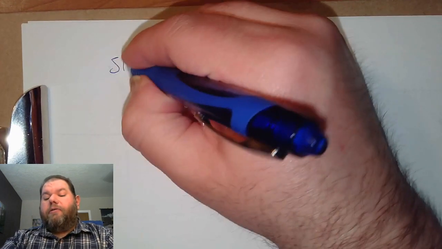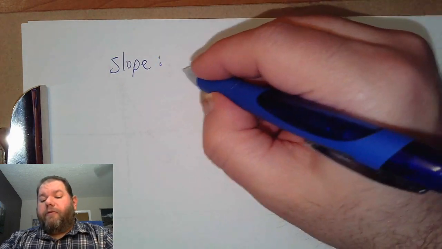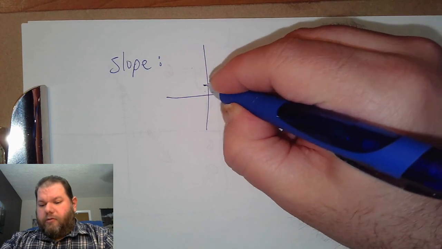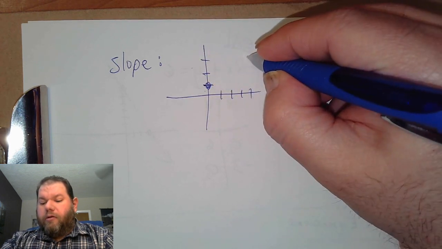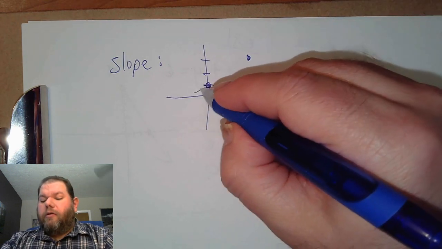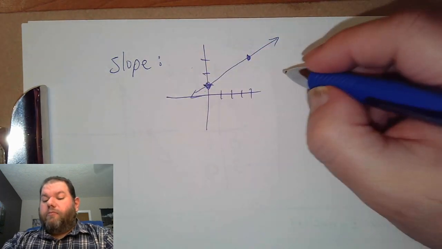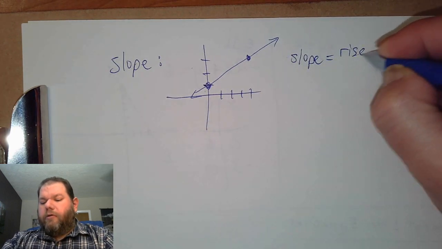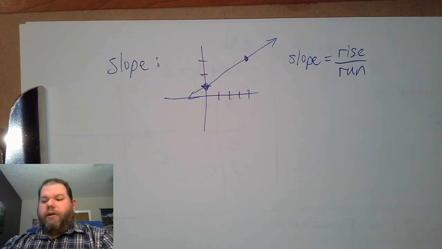So the slope, let's talk about this in more detail. The way we define slope is in terms of rise over run.